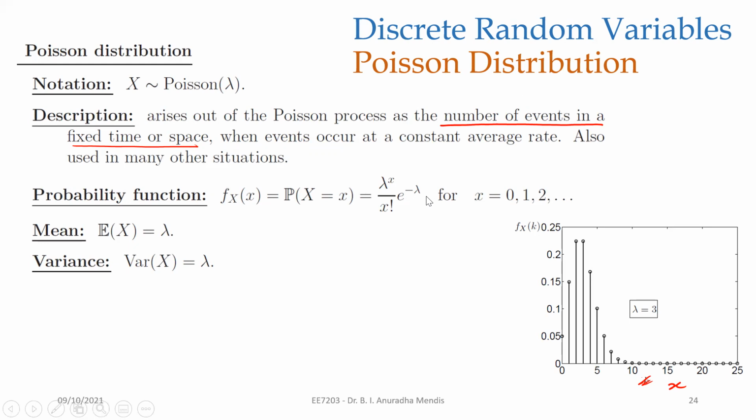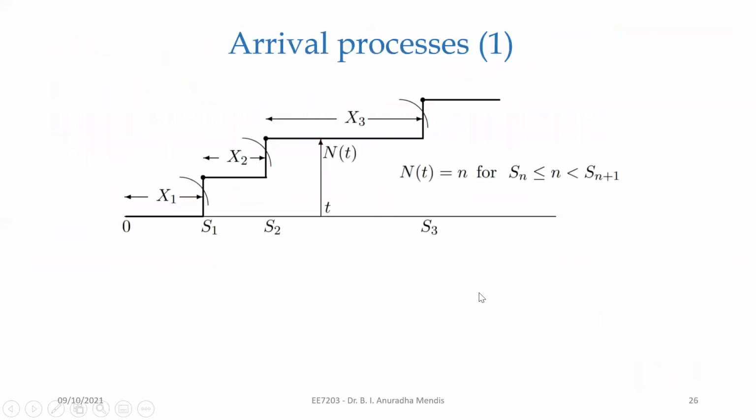If you see this kind of pattern in any probability distribution, you can directly say this is a Poisson distribution, which gives the probability distribution of the number of events in a particular time. But in order to identify the real meaning of the random variable, you first have to identify the arrival process. What do you mean by an arrival process?